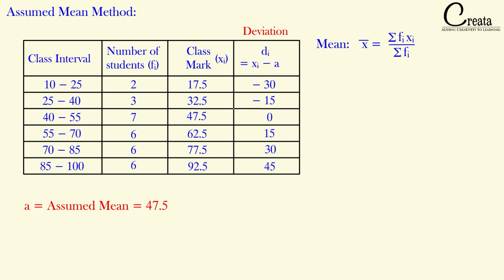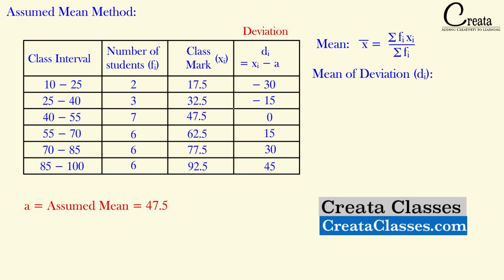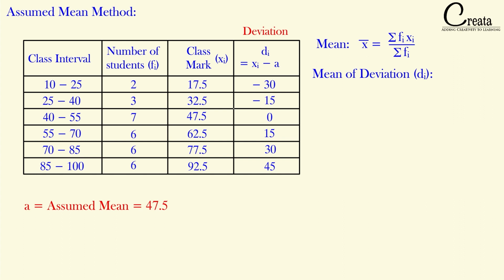Here we are calculating the mean of the deviation, not the mean of our observation. We denote the mean of the deviation as d bar, which is equal to sum of fi into di upon sum of fi.